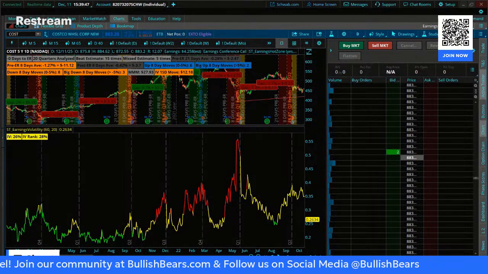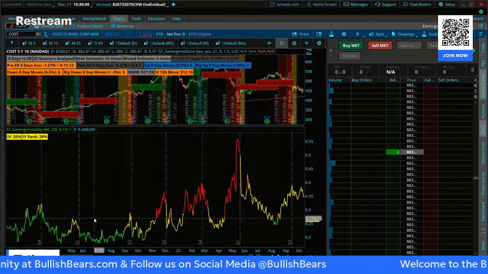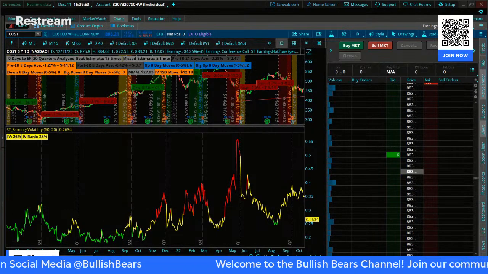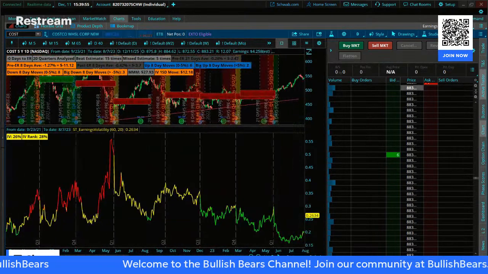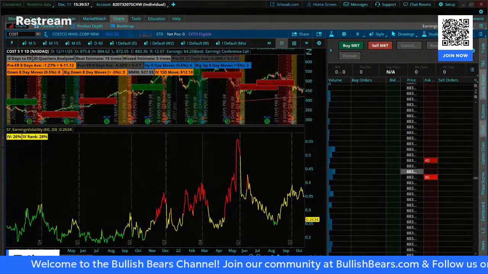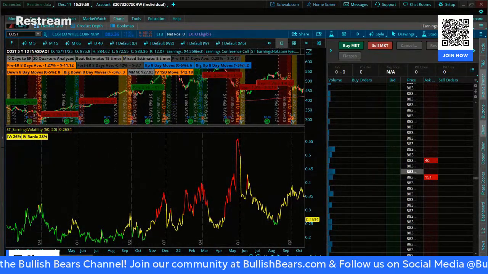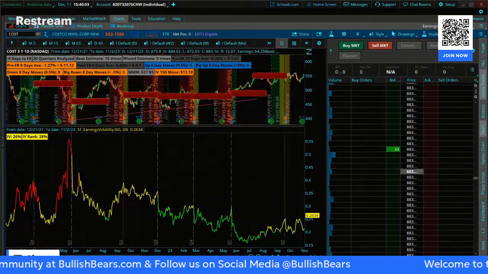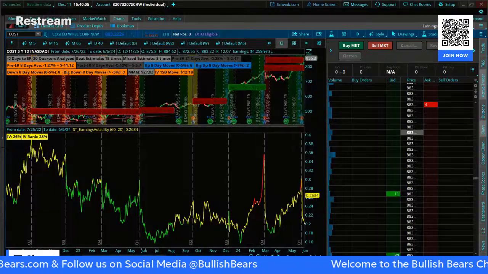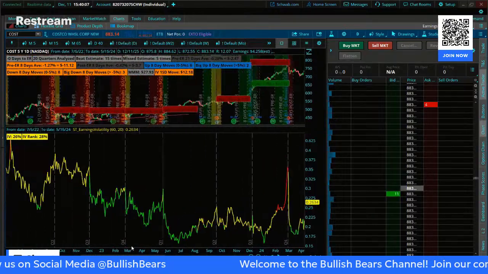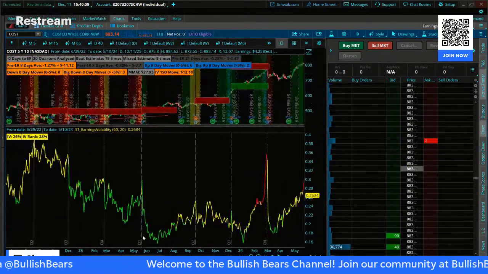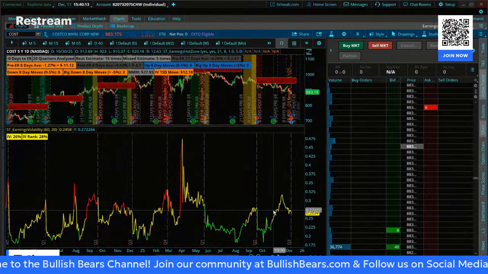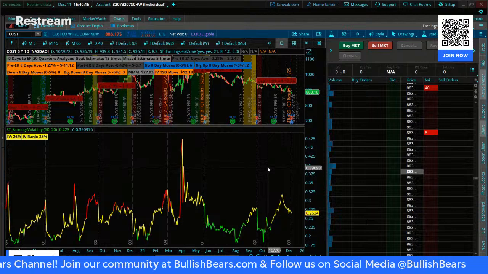Back in 2021, during the whole face ripper into the 2022 bear market, this actually had a really low IV for its earnings. Then we got into the 2022 market, and the whole world was bearish, and IV went up kind of high. All things considered, IV is still pretty low.